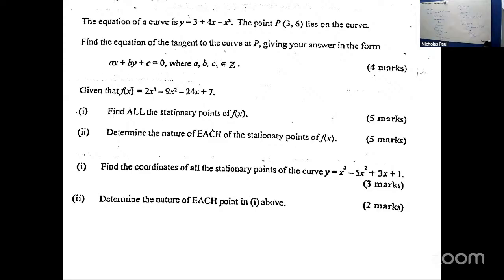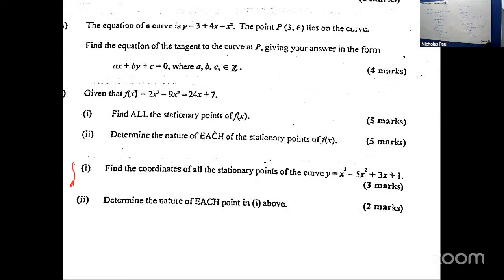This one here, right? That's 2015 number 5, part B. So you're working out this part here and this part here. Are you ready?